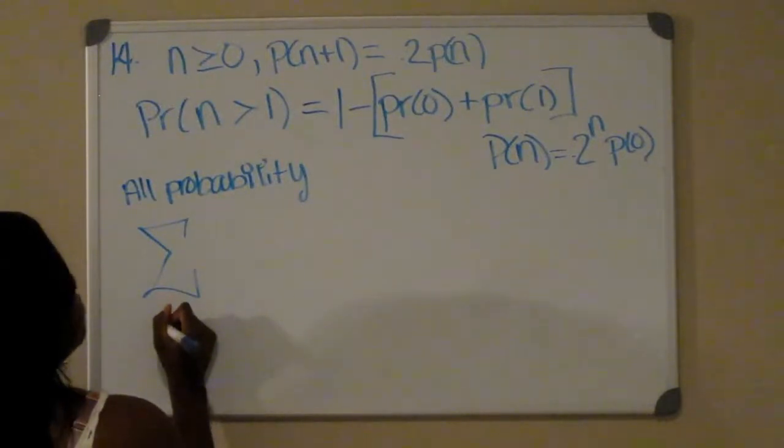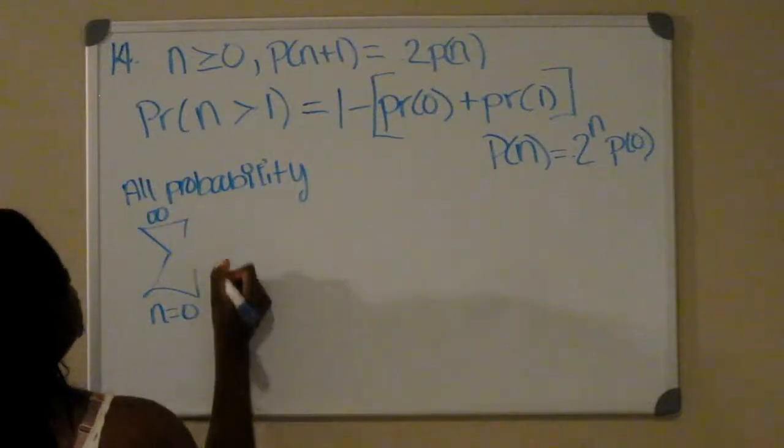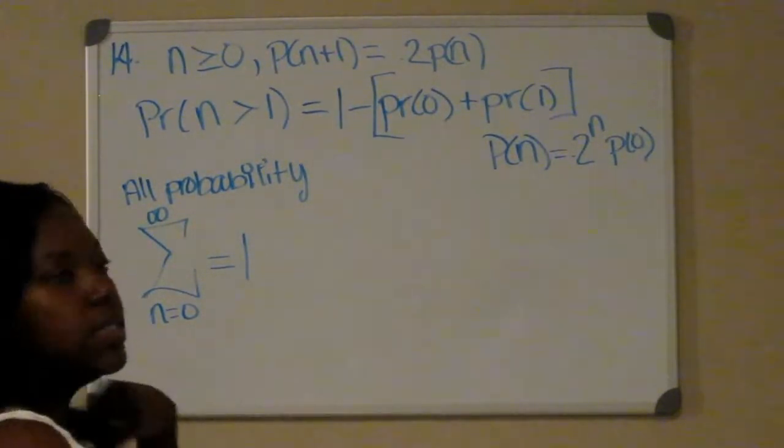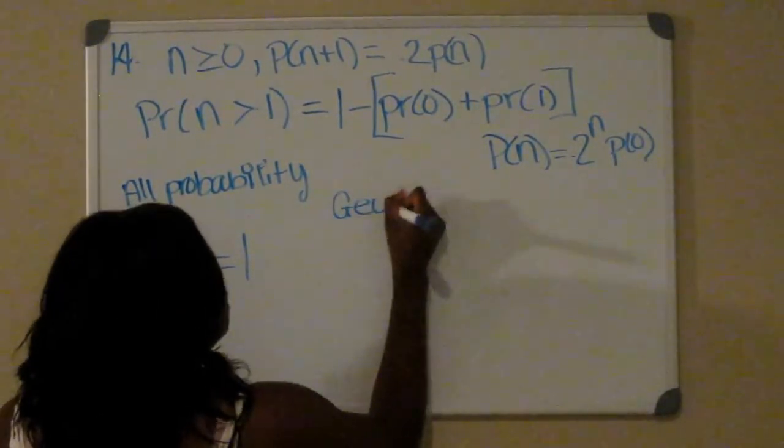The sum of all the probabilities from n equals 0 to infinity will equal 1. So that lets us know that this is a geometric series.